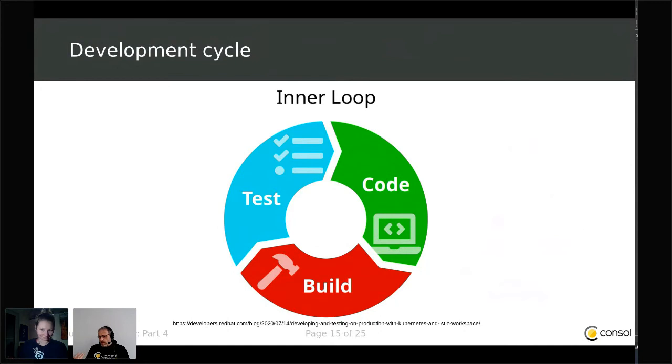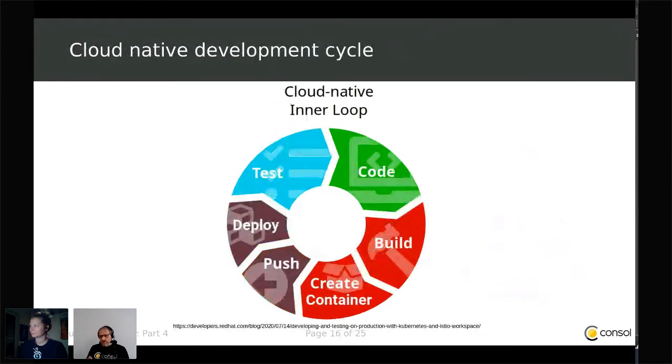And since we are using more cloud native deployments or development, it means that we have some additional steps. So if we now look at the cycle, it still contains the code and the build part.